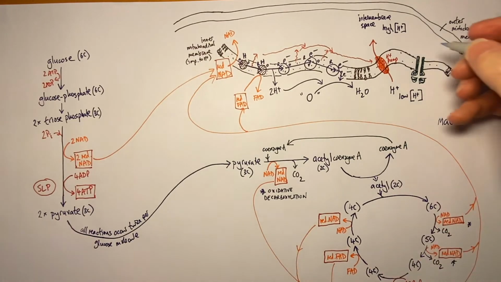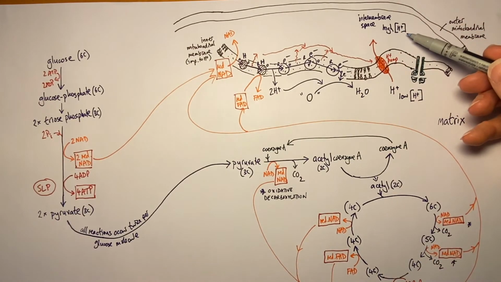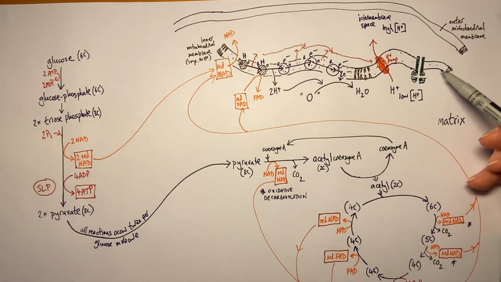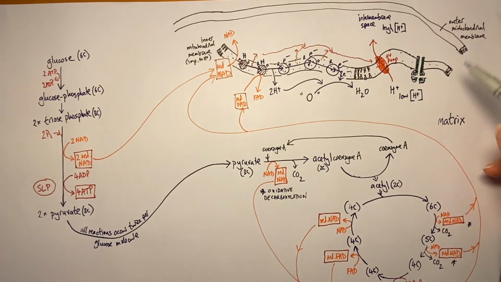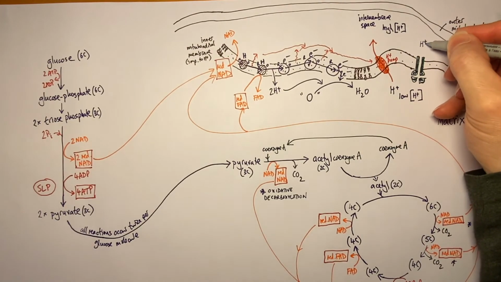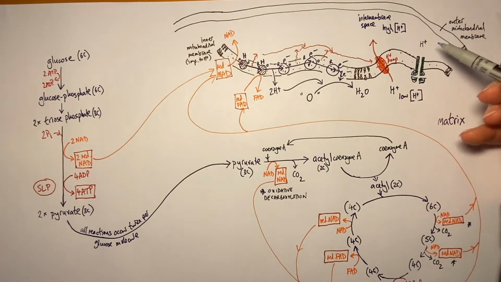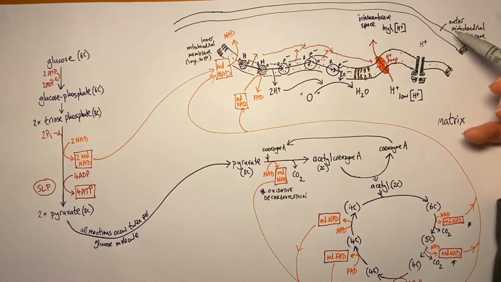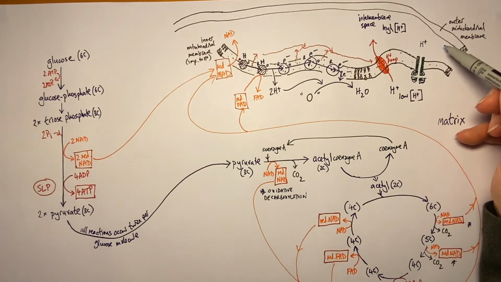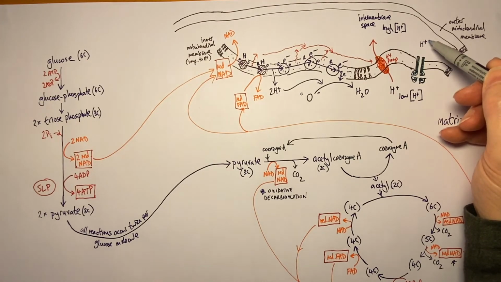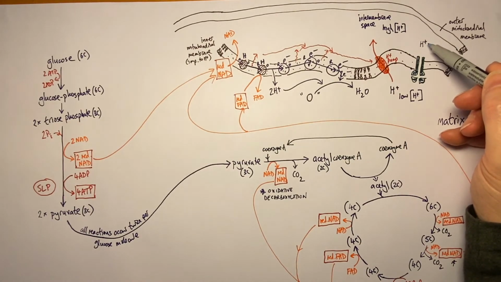And what happens now is that there's a very high hydrogen ion concentration here and a low one here. This membrane is impermeable to hydrogen ions. So is that one actually, but we're more interested in this. So this is impermeable to hydrogen ions. So the hydrogen ions cannot, because there's lots of them here, cannot move across that membrane. So because of the difference in concentration, this is a form of potential energy. There's lots of hydrogen ions here. They're desperate to move away from each other because they're positively charged, and also they want to move down their concentration gradient.